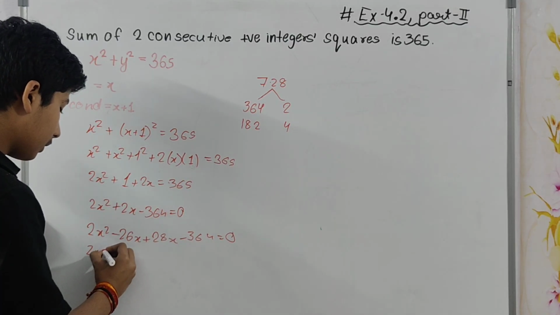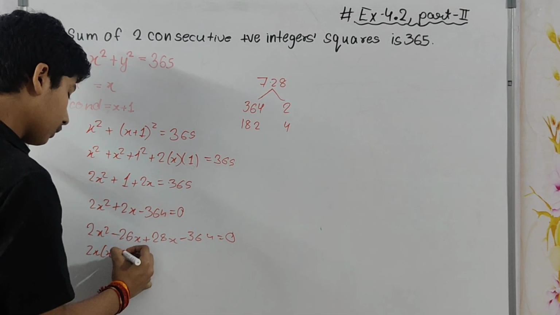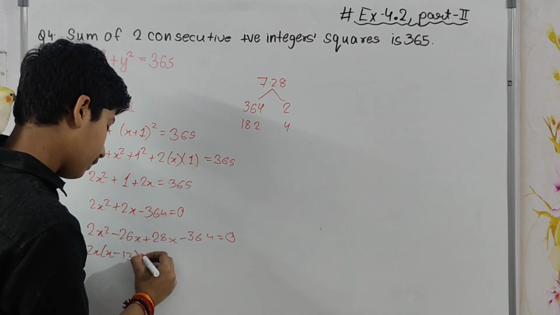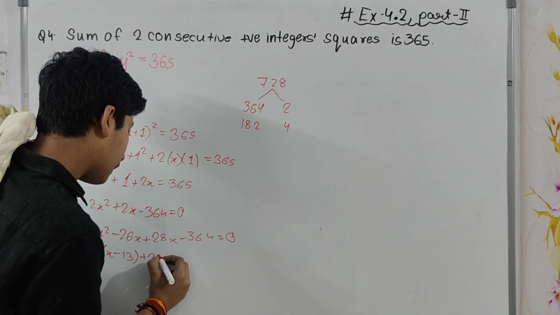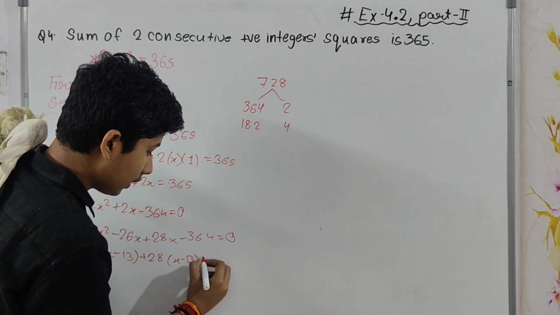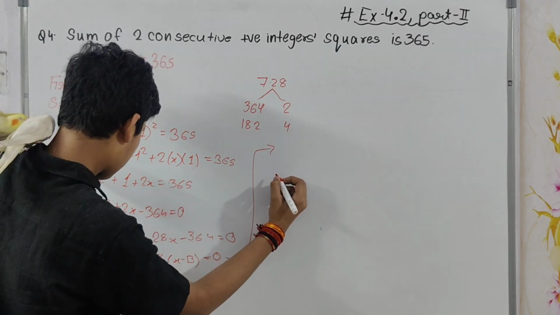2x can come common, so in the bracket x will be left minus 13 and plus 28 into x minus 13 equal to 0. Now I'll write it this side.